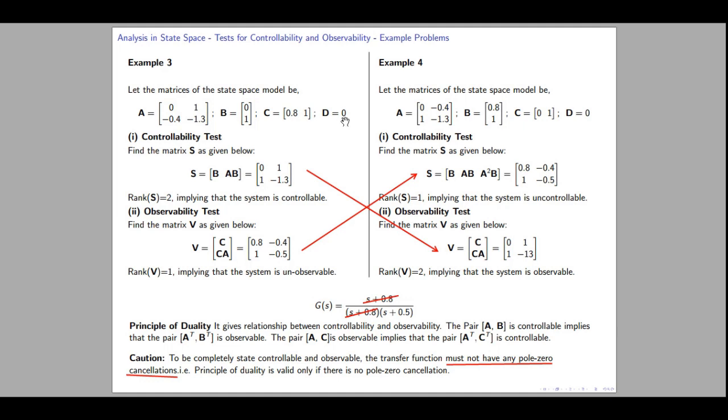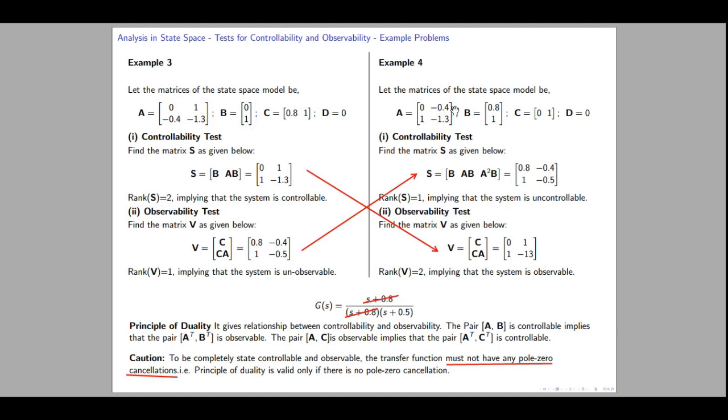And I write the same system in observable canonical form, OCF. Same system. This A is the transpose of this, this C is the transpose of this B, and this B is the transpose of this C. So it is just the same system represented in CCF and OCF.